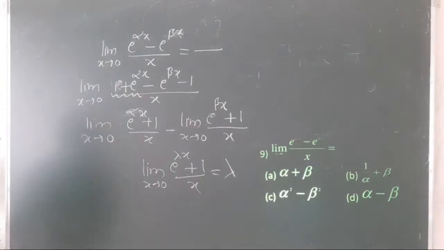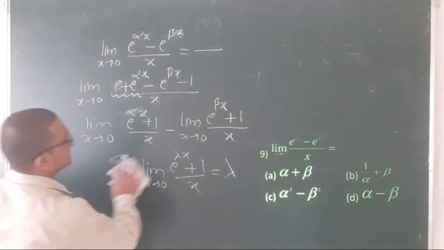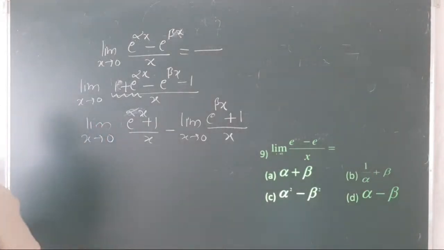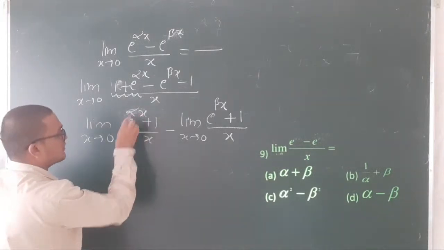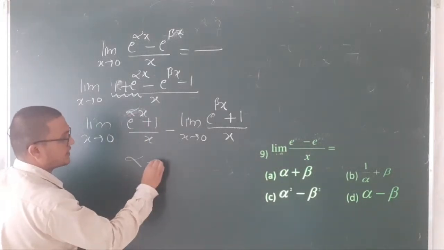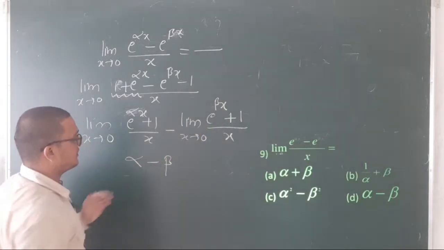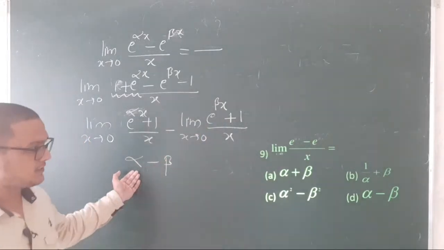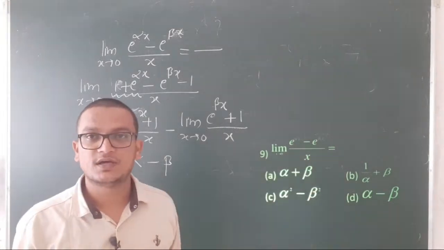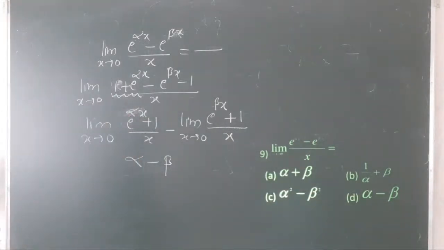Similarly in the above result, as per that property, the x coefficient is alpha, so this is alpha, minus x coefficient is beta, so it is beta. So the value is alpha minus beta. Option D is correct. See, it's important to remember the properties of limits also.